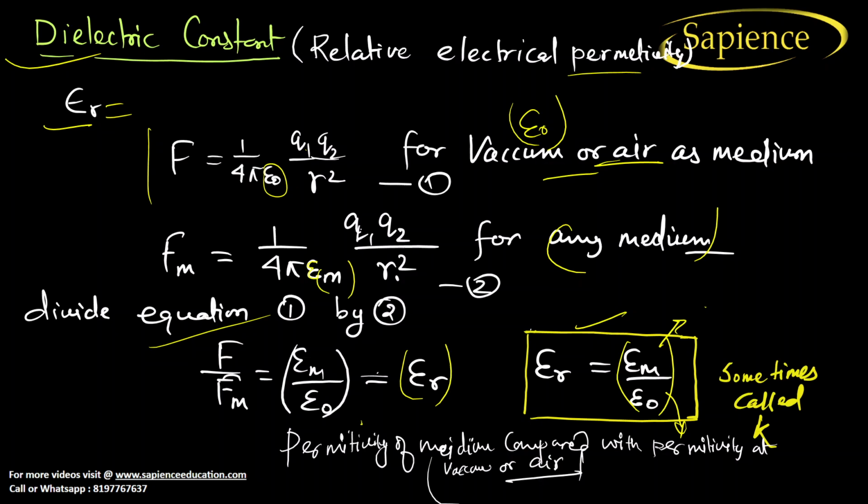Whenever we compare the permittivity in a medium with that of air, we get the relative permittivity. So the relative electrical permittivity is known as the dielectric constant. I hope you have understood this.